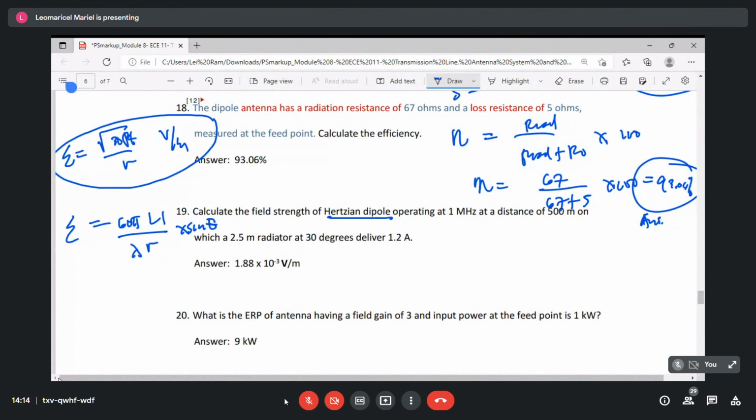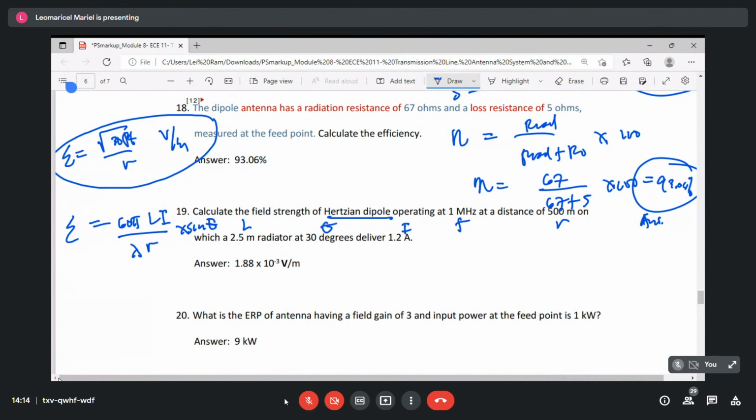That is the length. Nasa length mo dito, ayun, 2.5. Then I will be the current. Then frequency, lambda, makuha mo dito yung frequency mo. Then the distance, ayun yung R. Then yung theta, yun yung theta mo.